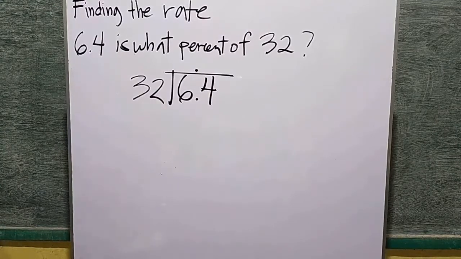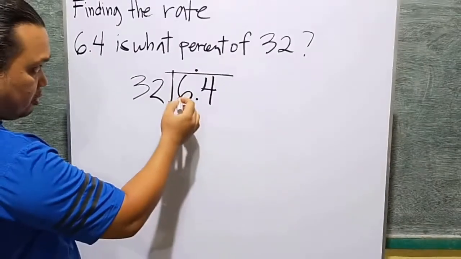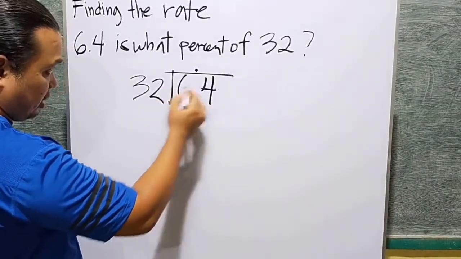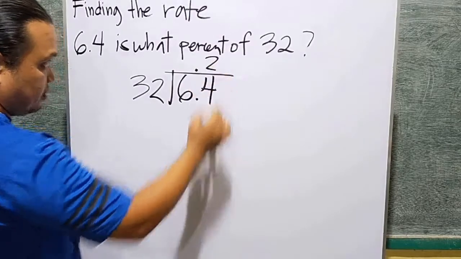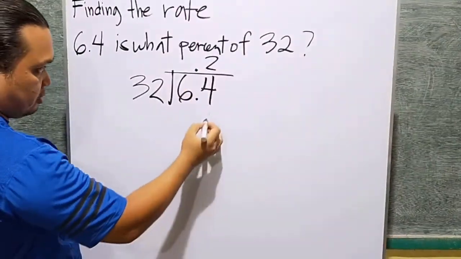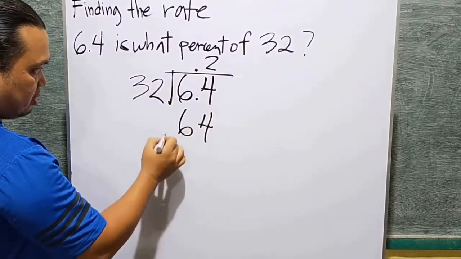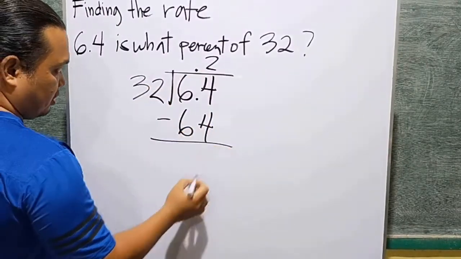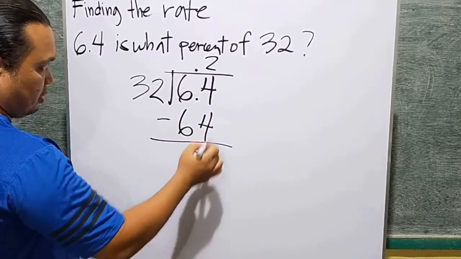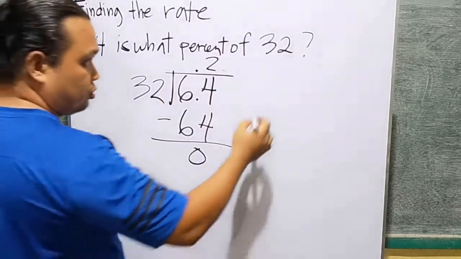So let's try 64 divided by 32. Let's try 2. 2 times 2 is 4. 2 times 3 is 6. And 64 minus 64 is 0. So we have 0.2 for our answer.